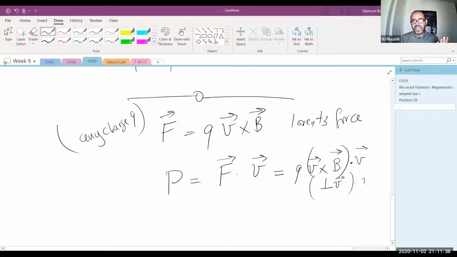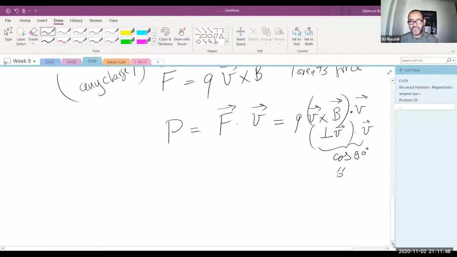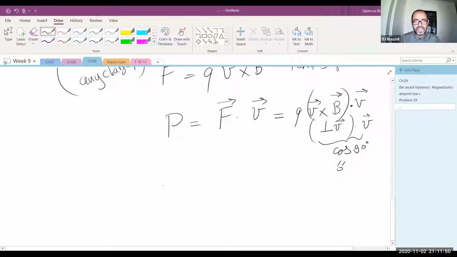When I dot it with V, it's going to involve a cosine of 90 degrees. And a cosine of 90 degrees is 0, so there is no power. Magnetic field does not generate power, there is no power associated with it. And power, remember, is the rate at which work is done. So if there is no power, there is no work.